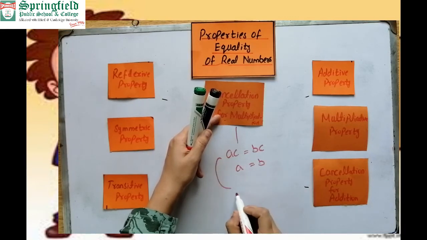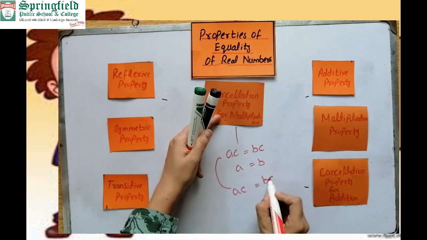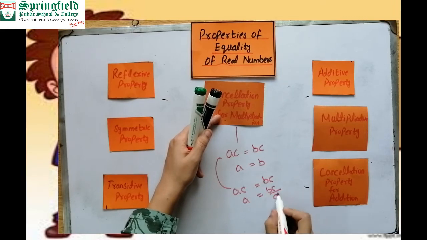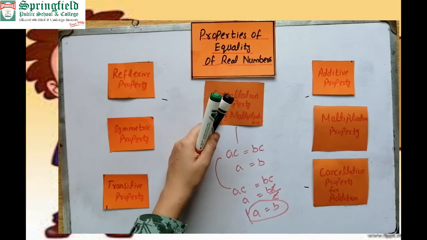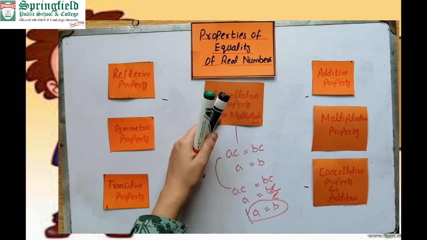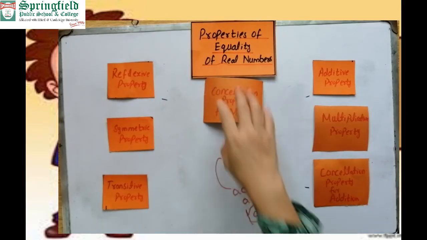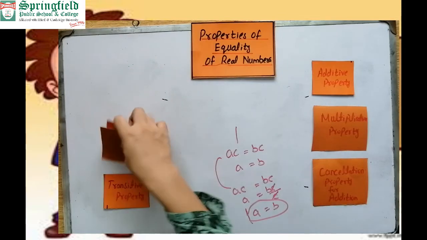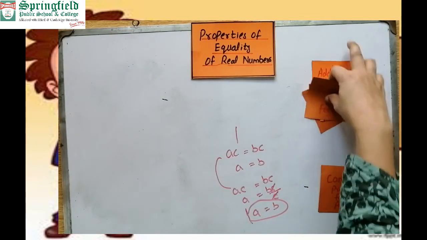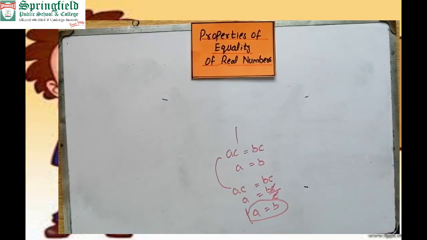We can prove it, beta: AC is equal to BC. AC is multiplying here, so it will be divided on the right side. C cancels with C, so A is equal to B. It's a proof of that. Understood beta? So these are the properties of equality of the real numbers.